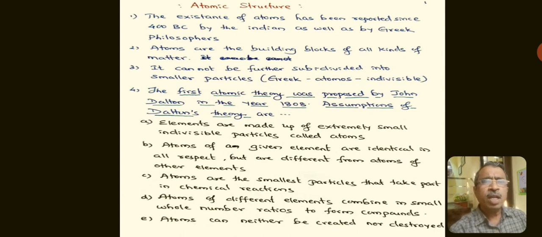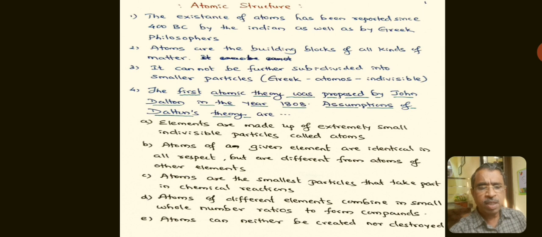Now coming to the introduction, the existence of atoms has been reported since 400 BC by Indian as well as Greek philosophers. They were of the opinion that atoms are the building blocks of all kinds of matter and cannot be further subdivided into smaller particles.